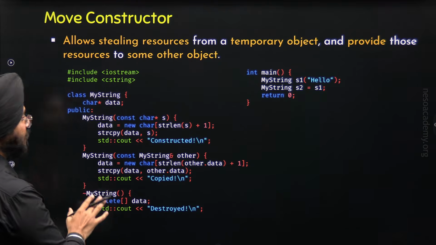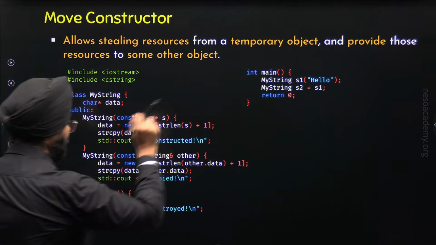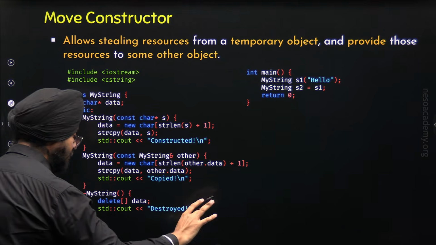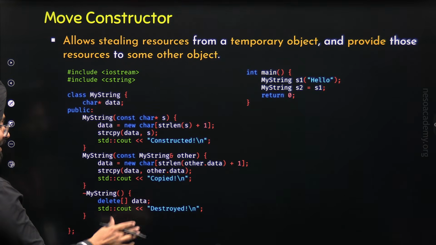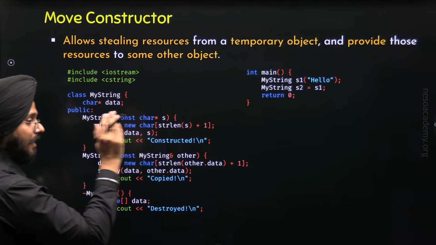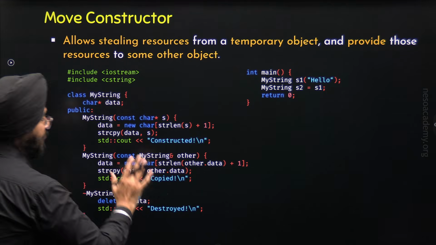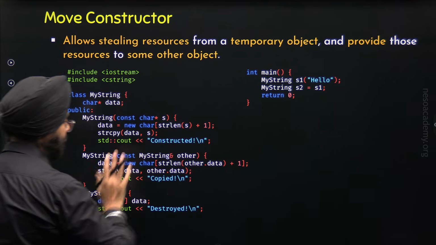When this destructor is invoked on s2, then the array associated to s2.data will be deleted, or we can say deallocated, and "destroyed" will be displayed on the screen. So we know this, that "destroyed" will be displayed twice on the screen.